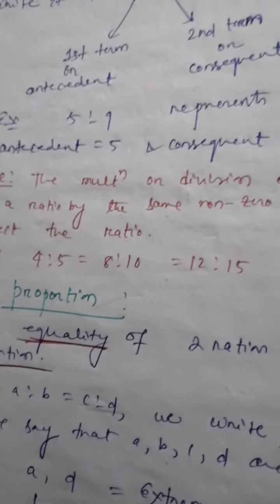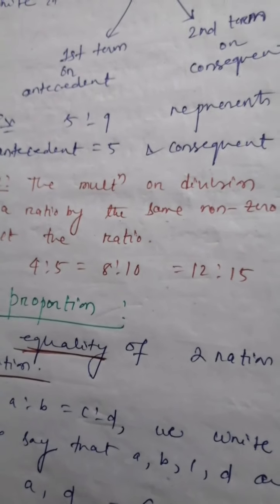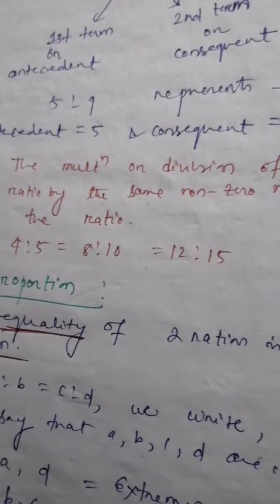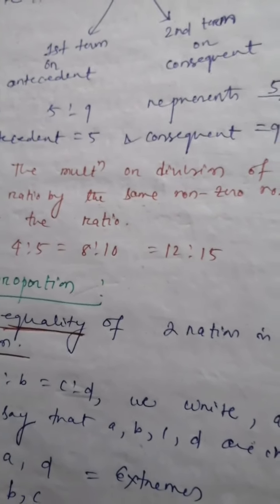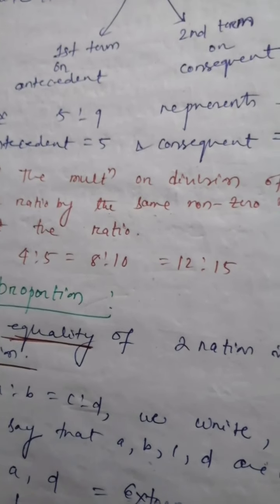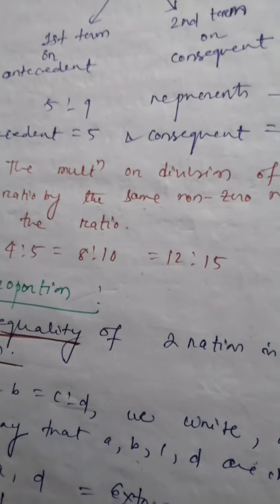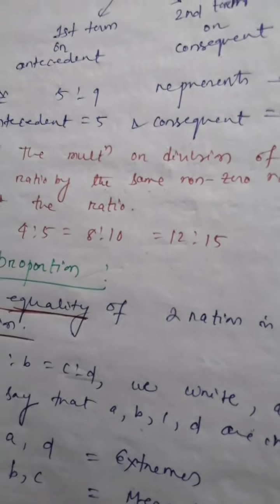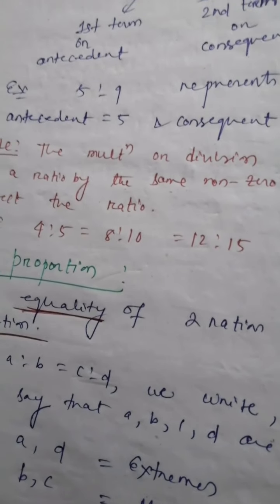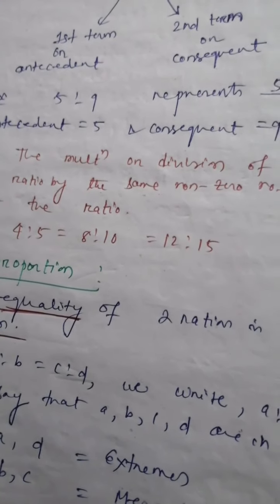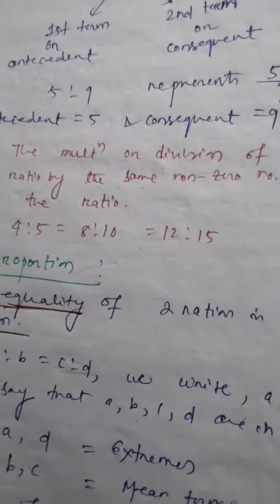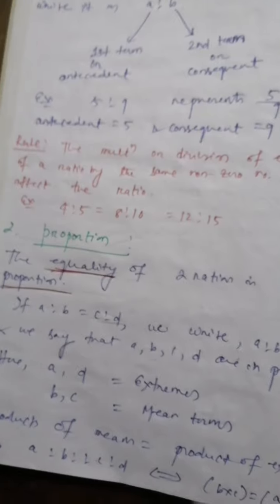That means when we multiply 2 with both the antecedent and the consequent of the first ratio, we get the second ratio, and similarly when we multiply 3 with the first ratio, we get 12:15 as the result. Fine. And it makes no difference.